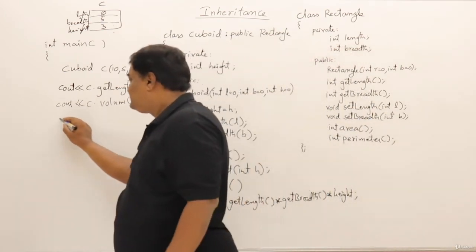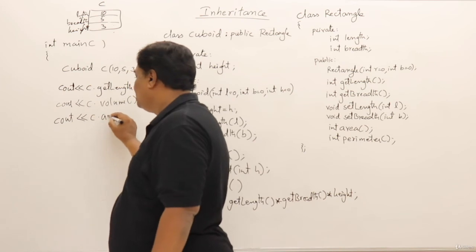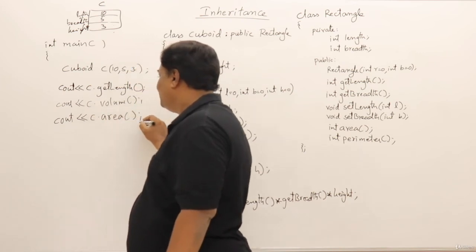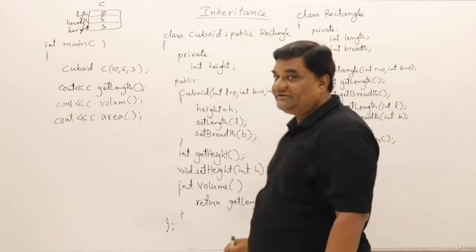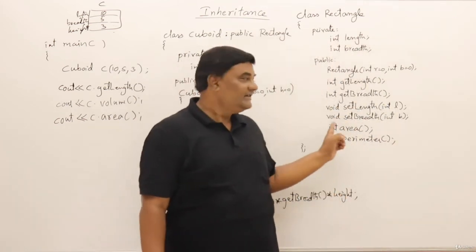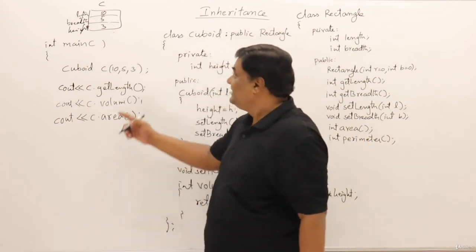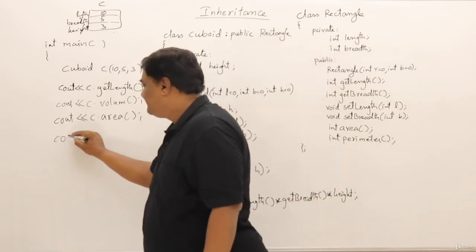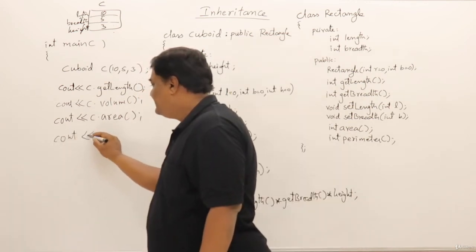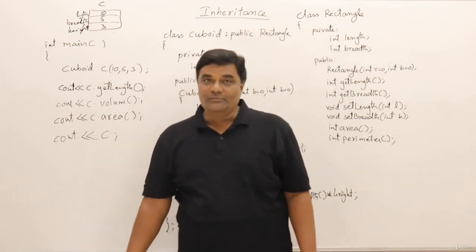Can I say cout c dot area? Yes, I can. So which function will be called? This area function will be called, which is there inside the rectangle. So this area function that is present inside the rectangle will be called, and it will find out 10 into 5, that is 50. At last, suppose I want to say cout C. I want to display the object of cuboid.